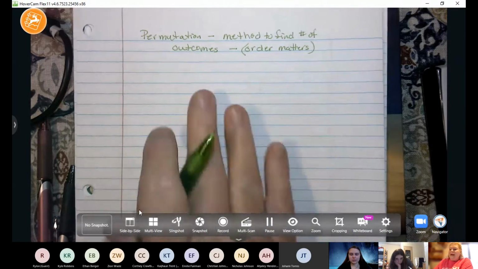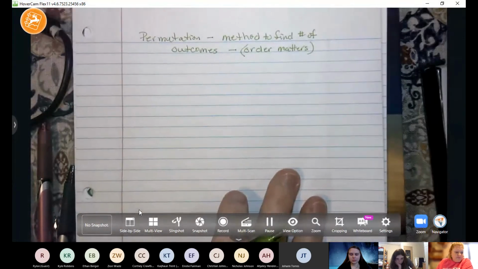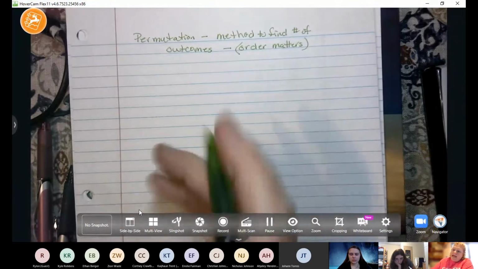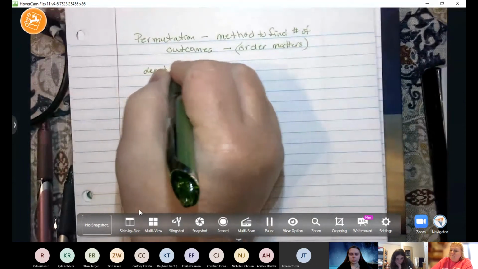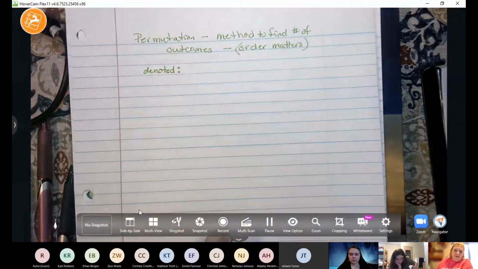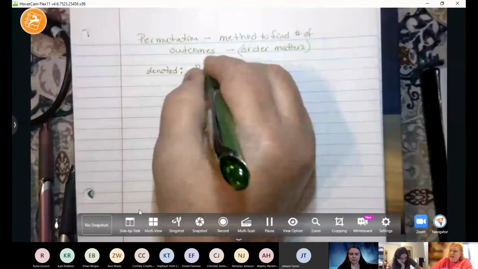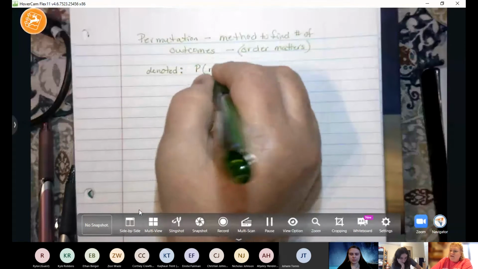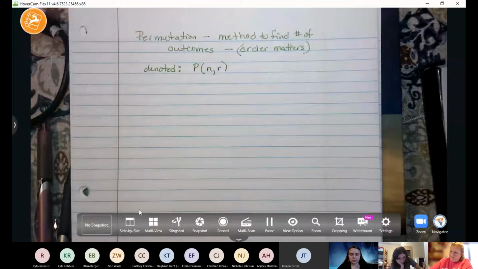So when the order matters, the problem is a permutation. The notation can be written in lots of different ways. It can be written as the permutation of n selected R ways.